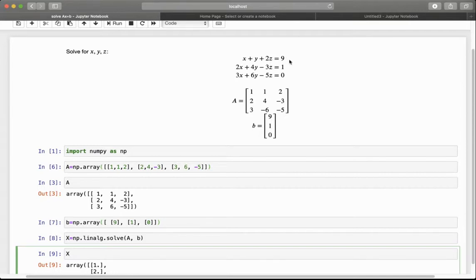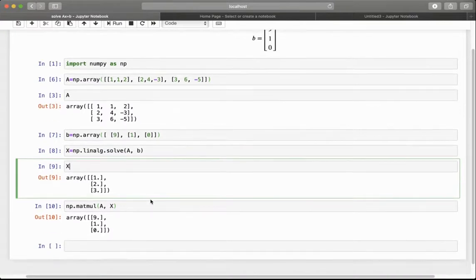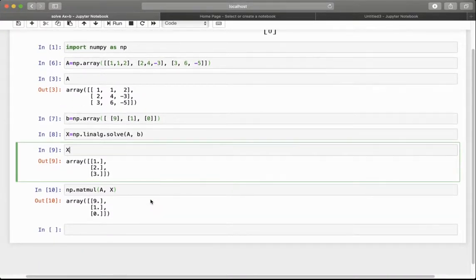We can check that the first equation is satisfied: 1 plus 2, that's 3, and then 2 times 3 is 6, so that's a 9. Okay, and then to check whether this X that we found, 1, 2, 3, is indeed a solution, we can matrix multiply.